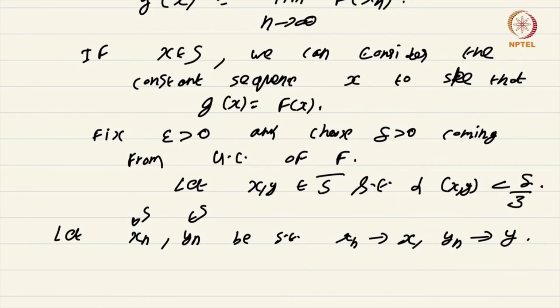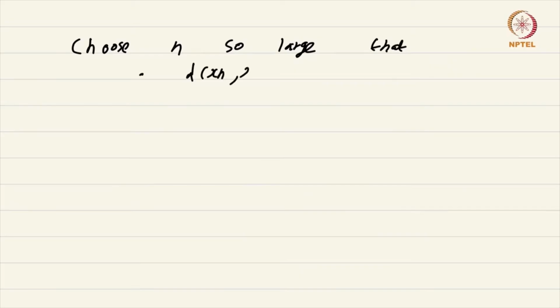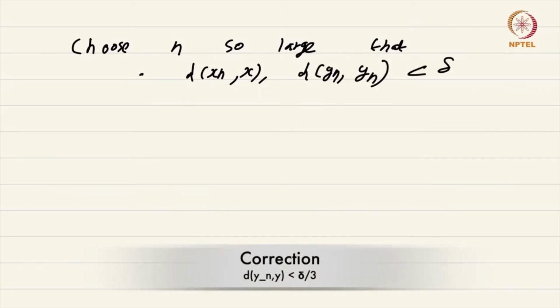Now I'm going to start a new page. Choose n so large that, first of all, d(xn, x) and d(yn, y) are both less than delta by 3. Remember d(x,y) was less than delta by 3.